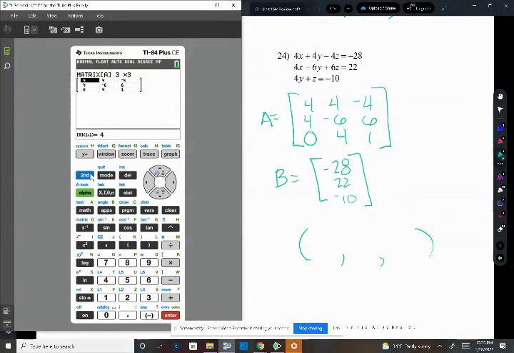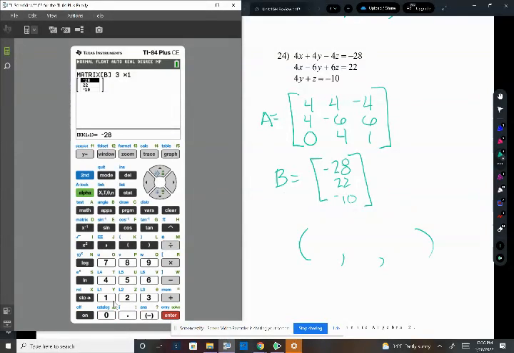And so we're going to now put in the second one, or answer matrix. We're going to go down to B. Ooh, and we need to go over to edit, then down to B. Enter, enter, and we put in our values. So our values are negative 28, 22, and negative 10.